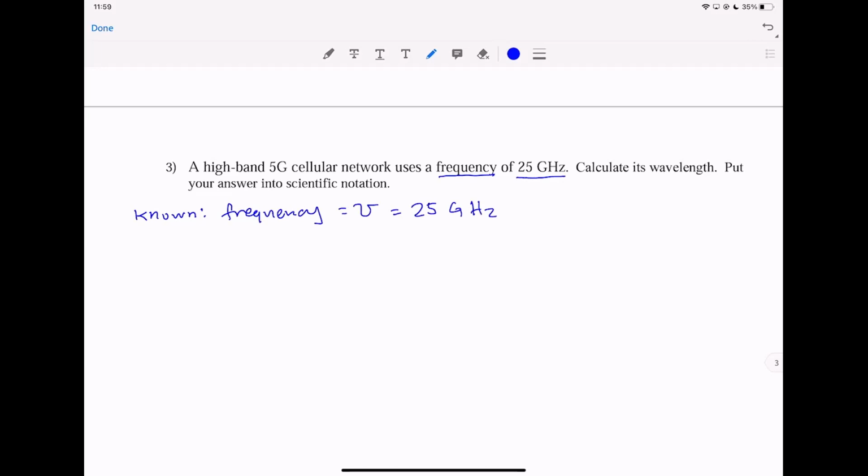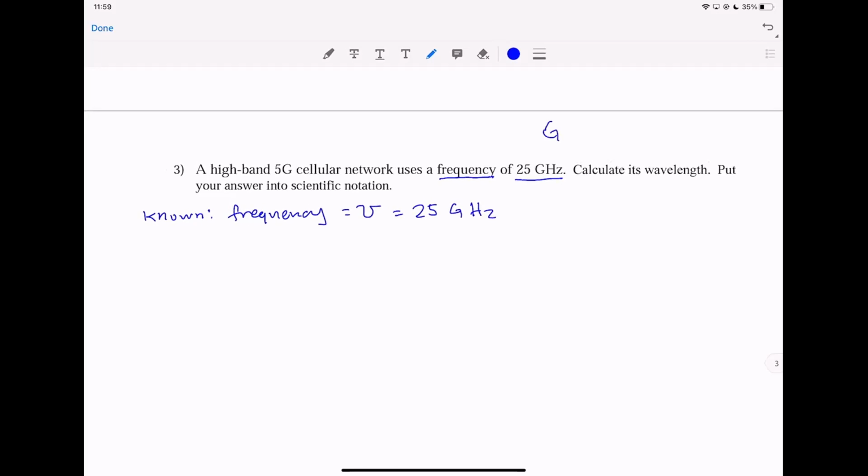Okay, so what's G? G is the metric prefix giga. And you don't want to just write it as G, you want to get rid of that metric prefix. Giga is 10 to the 9. And then also Hz, you don't want Hz because that's not going to cancel out. So you have 25 times 10 to the 9, and instead of Hz, 1 over s.